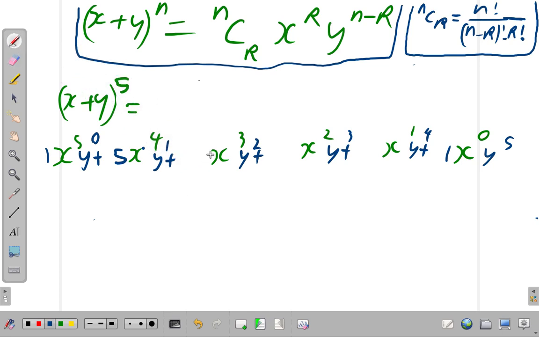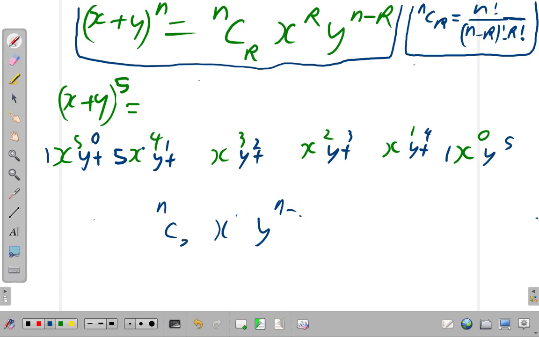So what you have here is nCr, x^r, y^(n-r). r is 3. So here, this r will be 3, this will be 3, this will be 3.